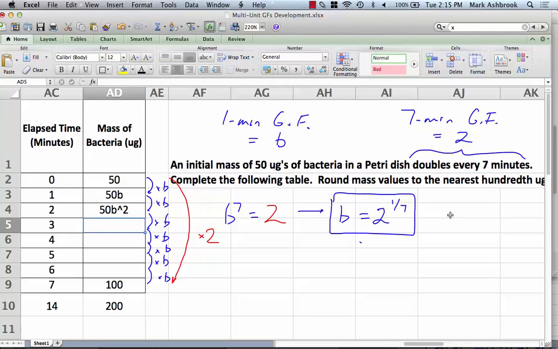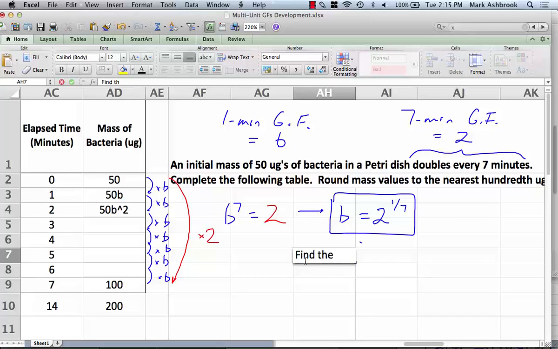So I want you to find the 1-minute percent change. I'll put some questions in here. Find the 4-minute growth factor and percent change. Go.